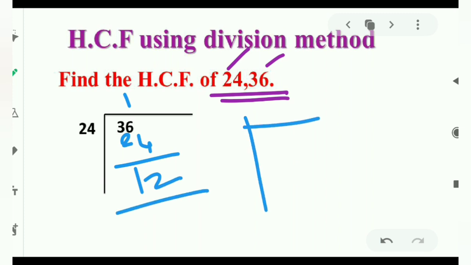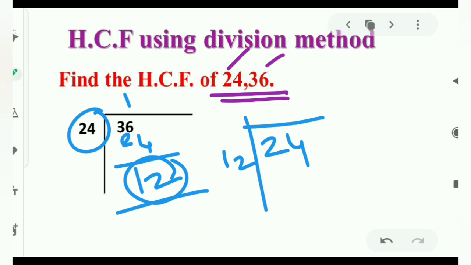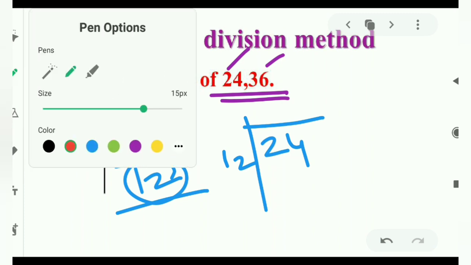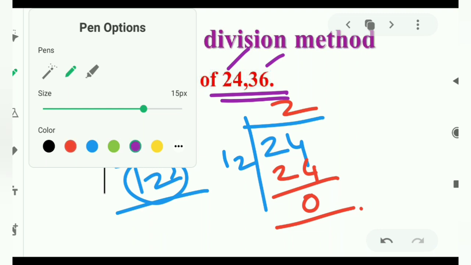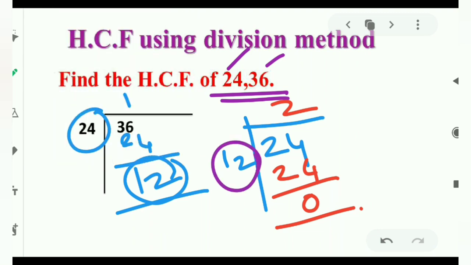In the next step, we are going to divide the divisor 24 with the remainder 12. So what we will get? We will get 2 into 12, 24, which is equal to 0. Here HCF is nothing but the last divisor. Last divisor is 12. So 12 is the HCF.